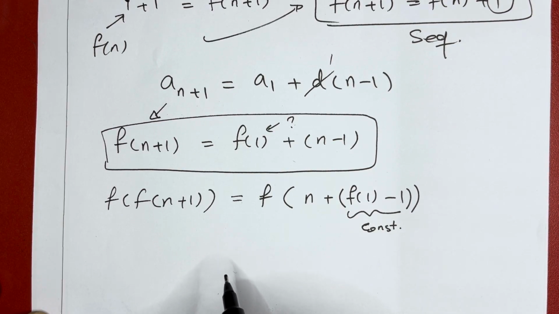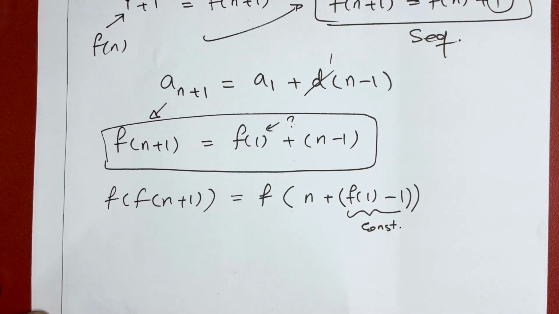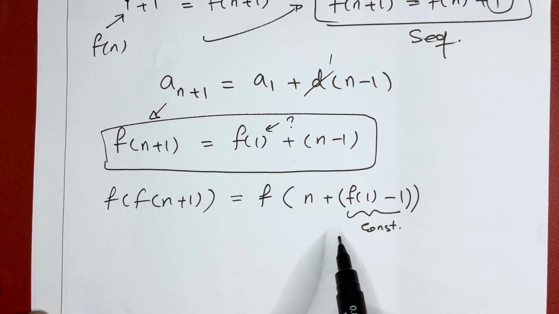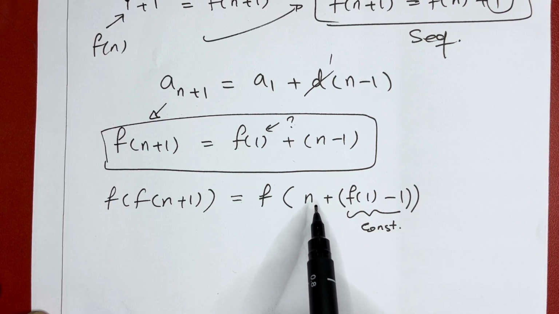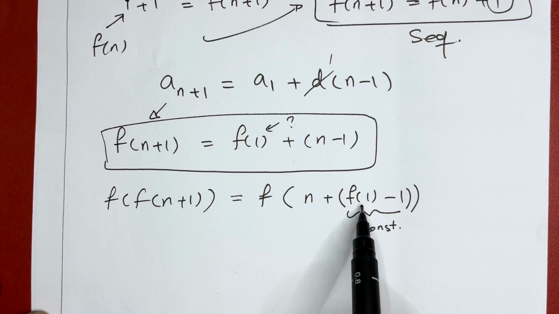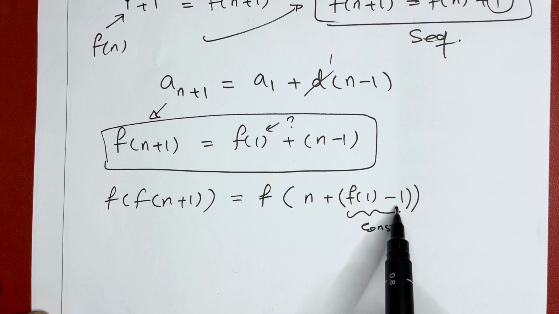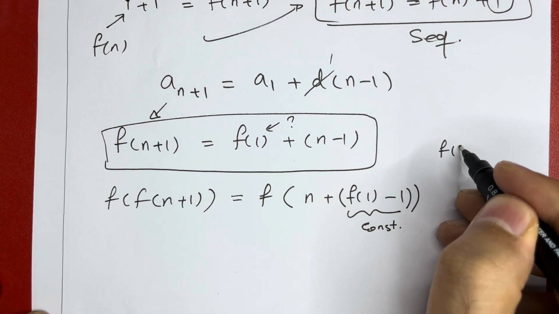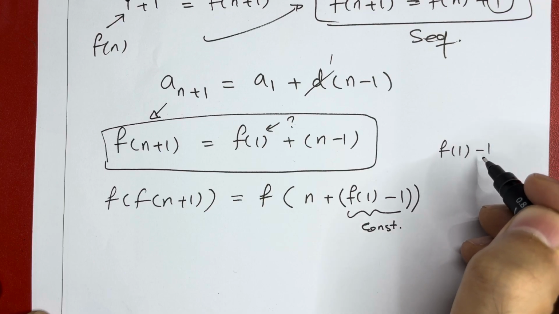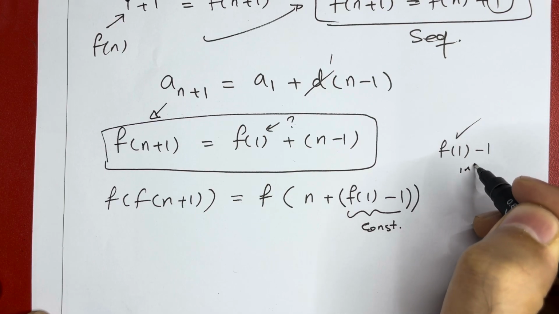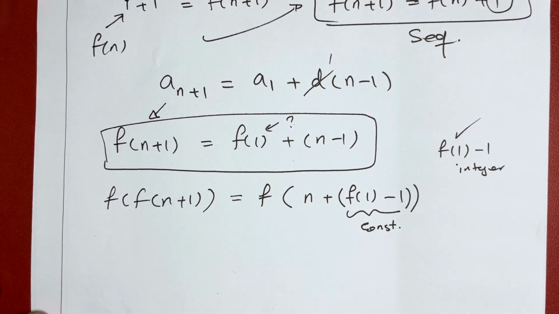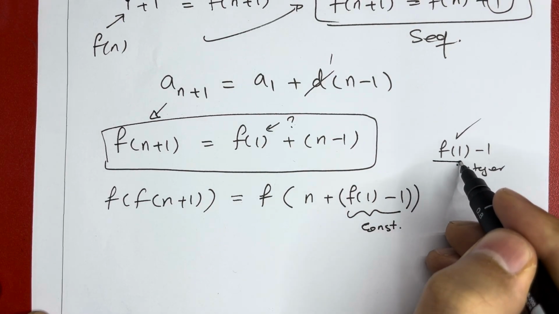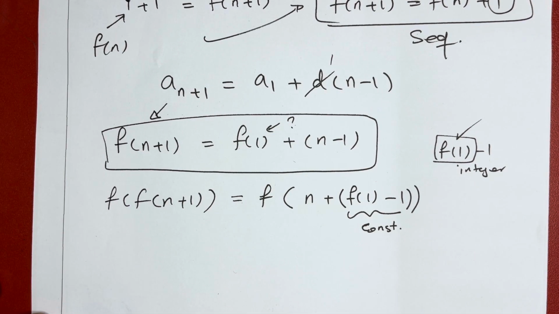Of course, because both range and domain are positive integers, we expect that both n and f of 1 minus 1 are going to be integers. So this guy will of course be an integer, right? Great.